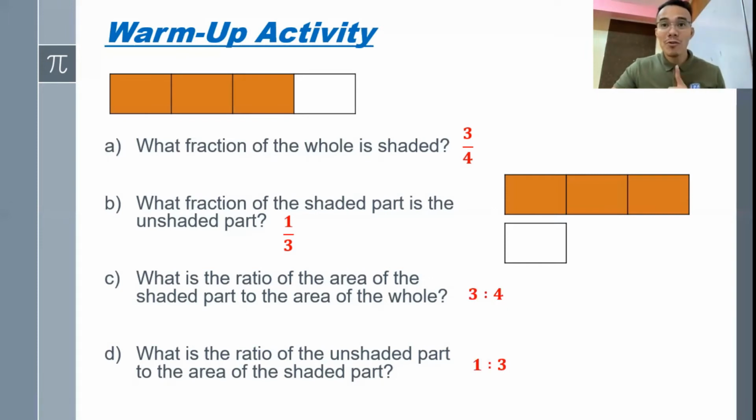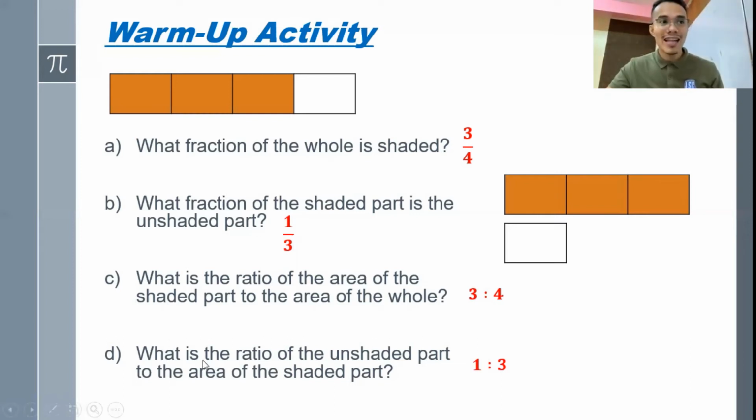And before we proceed to our main course in this video, notice the answers of A and C. A is 3/4, C is 3 to 4. I want you to see the relationship between ratio and fraction. So if the ratio of the area of the shaded part to the area of the whole is 3 to 4, it means that the area of the shaded part is 3/4 of the whole.